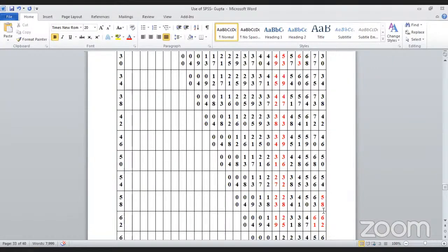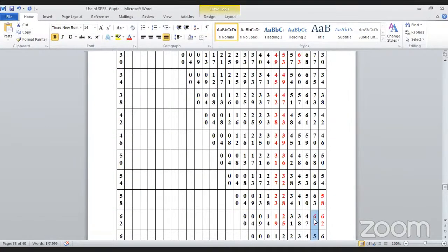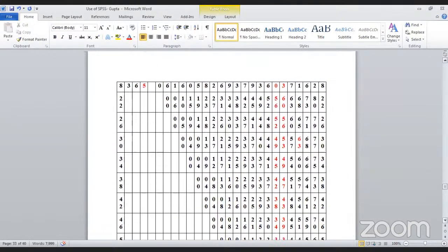For 58%, the value here is 0.23 and this is 0.28. And for 62%, it is 0.19 and 0.25. I hope you are understanding. So the value comes like this.